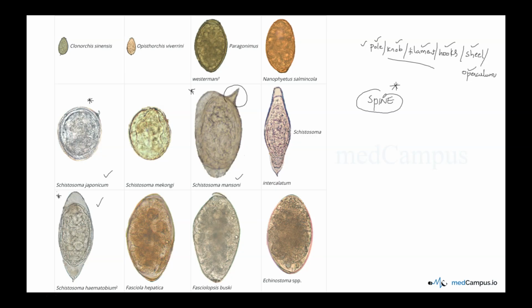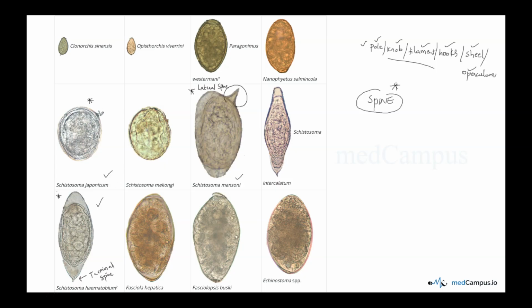So what is this mansoni? Mansoni is an elongated egg, a very big one. See, it's almost 140 microns with a prominent lateral spine. Okay, which is a lateral spine. See this haematobium. Haematobium has a terminal spine.